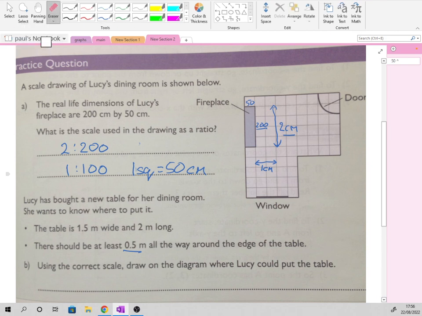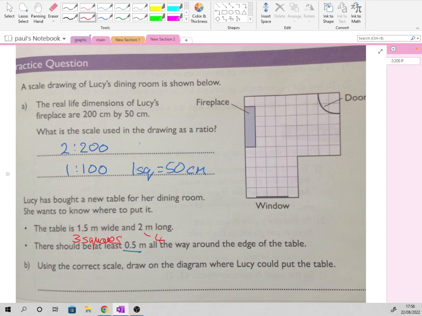So the table is 1.5 meters. Now remember, every square is 50 centimeters. So that is going to be 3 squares. And this is going to be 4 squares.